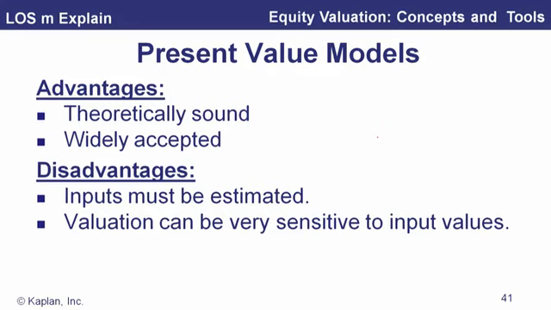And your valuations, if you start fooling around with those and start tweaking g just a little bit, that can have a huge impact, or let's say a very significant impact on the valuation you come up with. So we estimate the inputs with error, and our results are very sensitive to our inputs. That's the trouble with present value models, or the dividend discount model, or free cash flow models in particular.